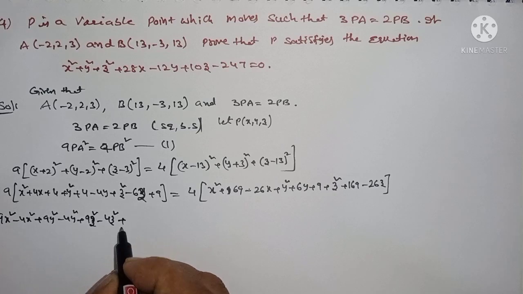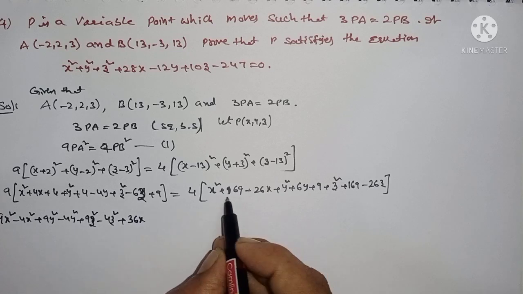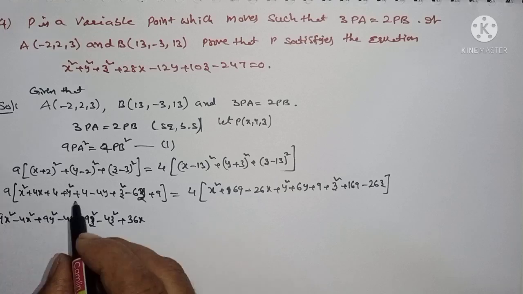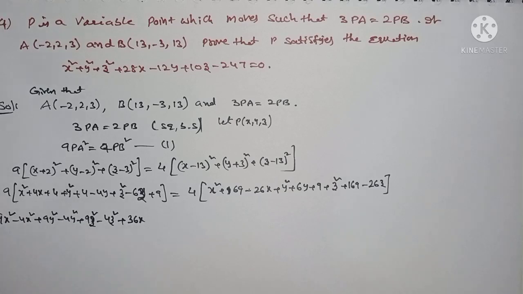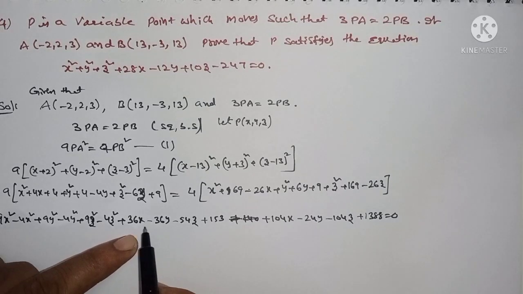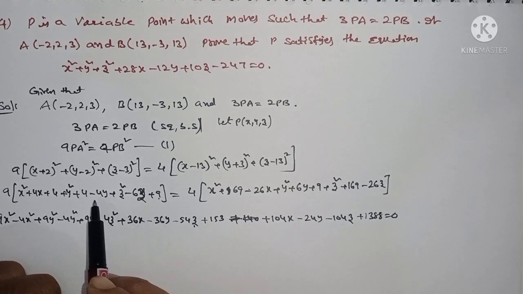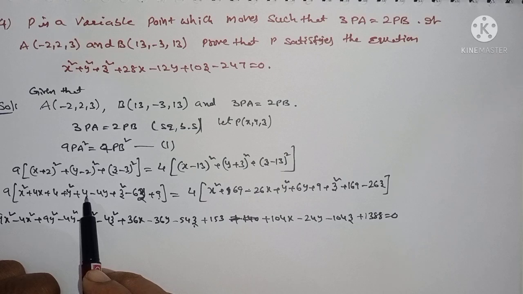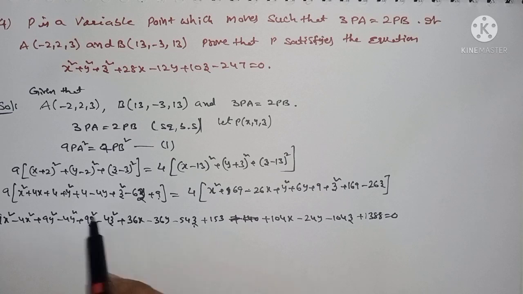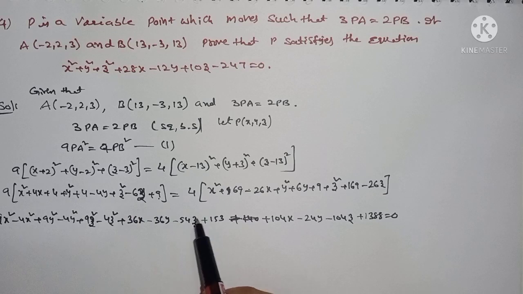Okay. Next, 36x, minus 36y plus 54z. And 4 plus 4 is 8, 8 plus 9 is 17, 17 into 9 is 153.